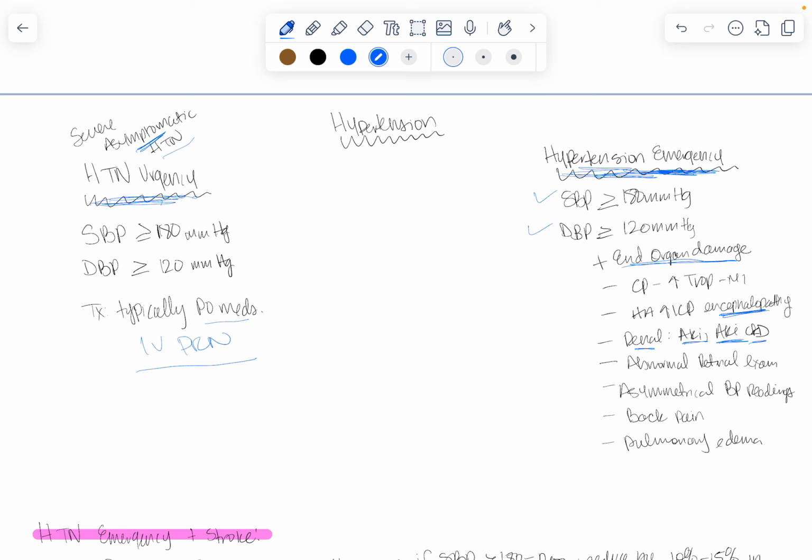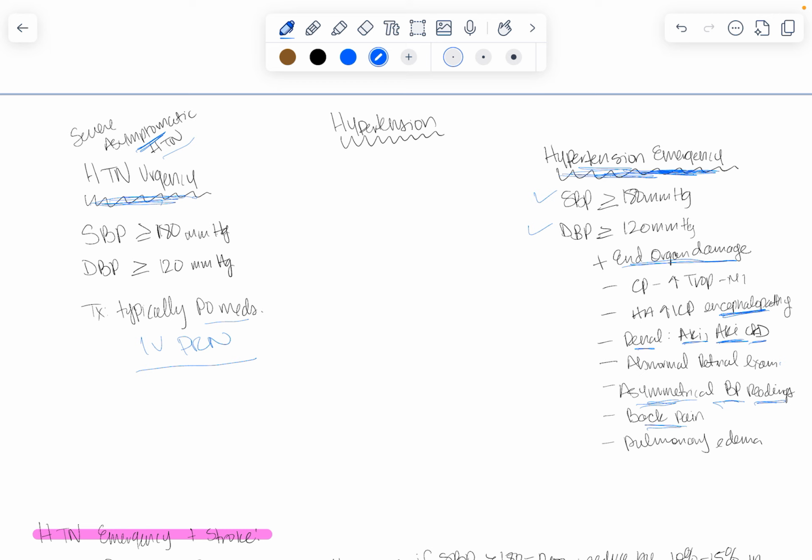Abnormal retinal examination, so you look into their eyes and there's papilledema. Asymmetric blood pressure reading, so you check blood pressure on both arms. They're asymmetrical, you think of aortic dissection. Same thing with back pain. Now they have high blood pressure and they're complaining of severe back pain, so you think of aortic dissection as well.